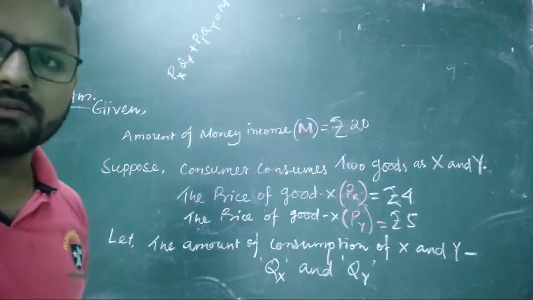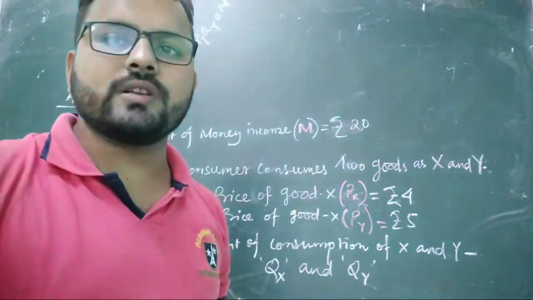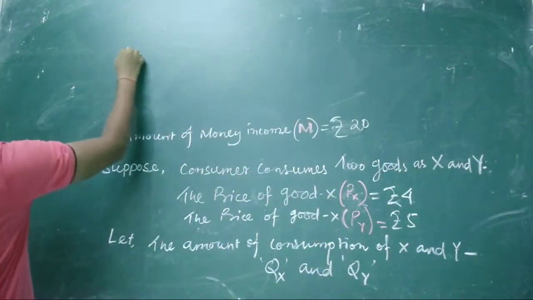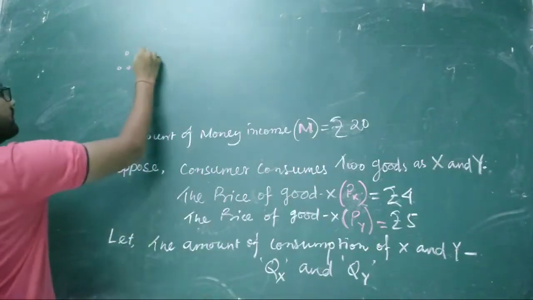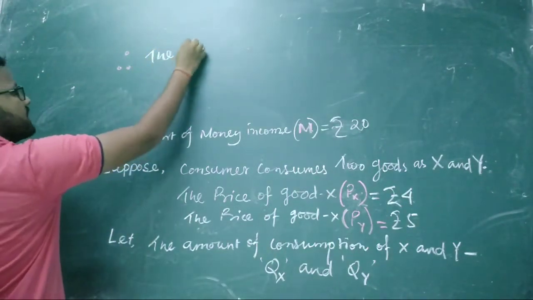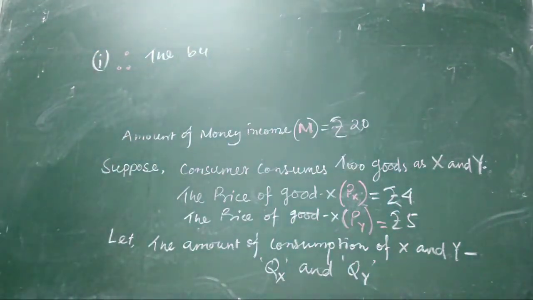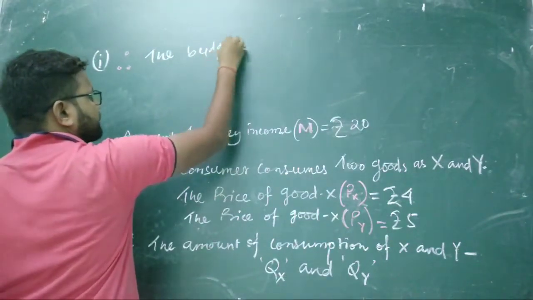Next, you write down the budget equation. Here you write, therefore the budget equation is. So this is your question number 1.